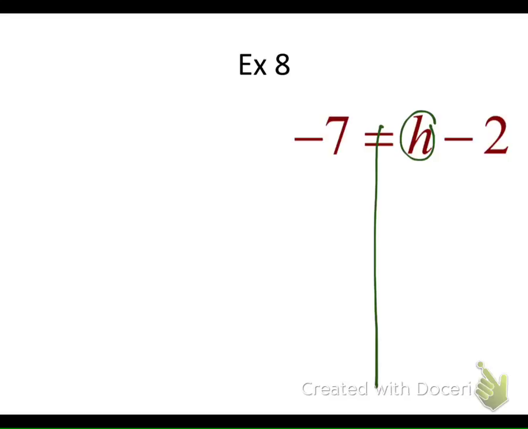Plus 2. Okay, so we're going to get the variable by itself. Which side? Over here? Left side? Wait, you need the 2. Okay, so I cancel on my right side, and then what do I do? Now what do I do?